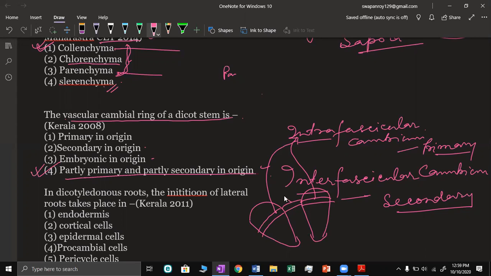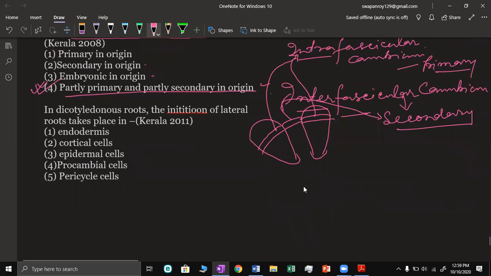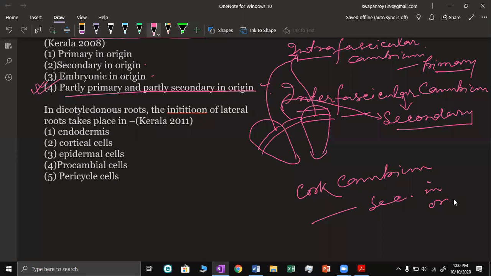So this portion, the interfascicular one, is secondary in origin. So it is partly primary, partly secondary. Cork cambium is completely secondary in origin.